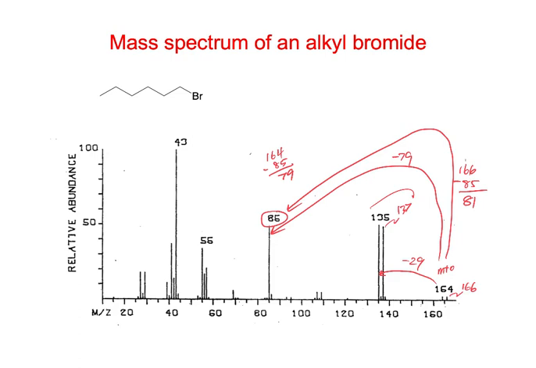So if we ionize on the bromine, we can do just this heterolytic cleavage here, and we end up with this cation plus the bromine radical. This would give 85.